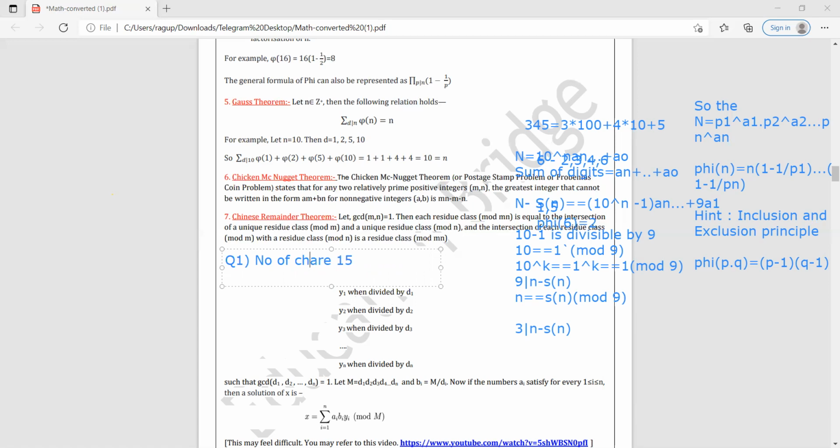Number of children are 15. So this is an example of where Chinese remainder theorem is used. Let's change it. Number of children are 7.